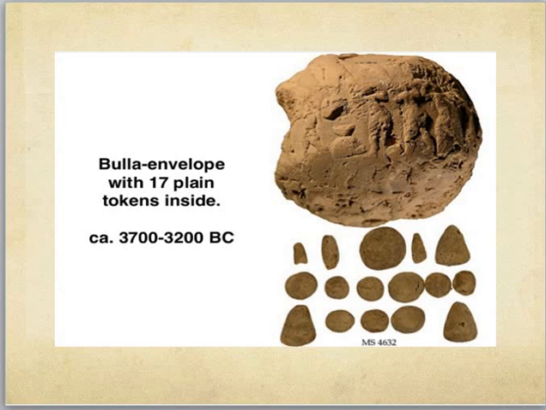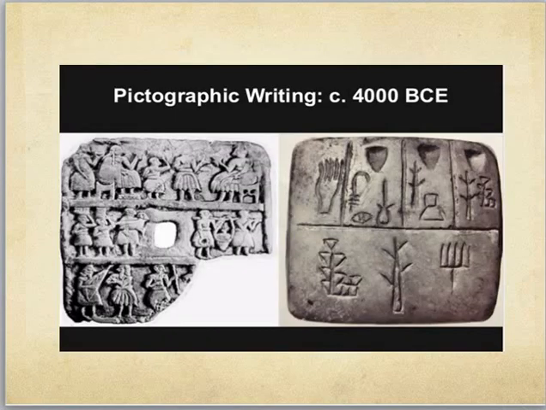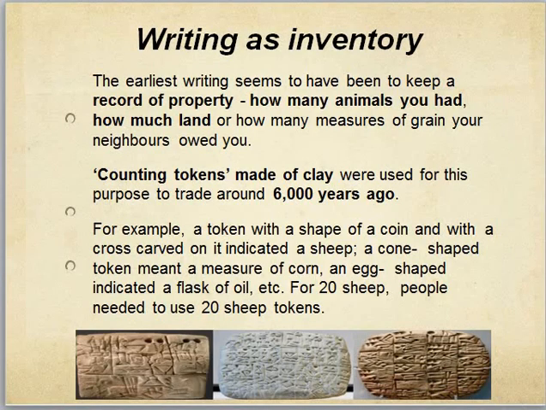Here is another image. You can see over here a bulla envelope with 17 plain tokens inside, and these were from 3700 to 3200 BC. Well, pictographs of writing before 4000 BCE. You can see over here the pictures of the different tokens of the currency at that time.